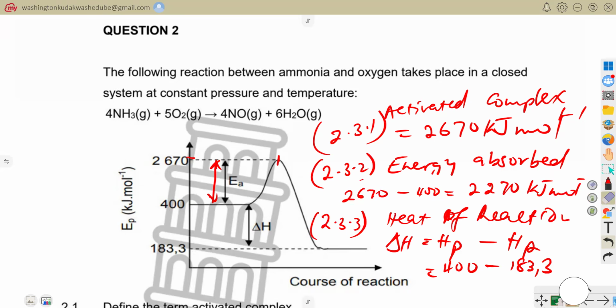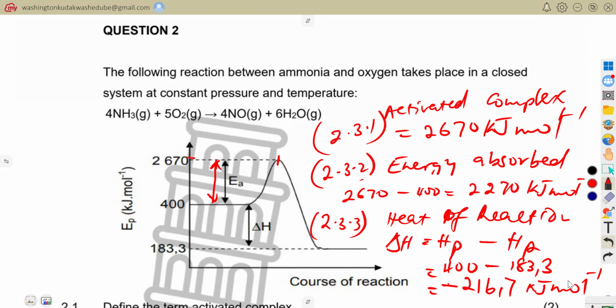Let me just erase below there. Our answer would now be 400 minus 183.3, that will give you an answer of negative 216.7. This was actually what? Kilojoules per mole.